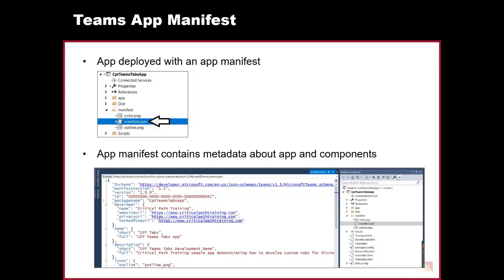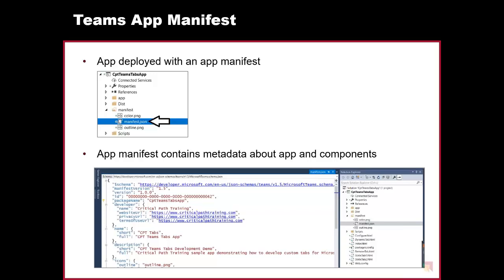Okay. Now, one very important concept is that when we have a Teams app, we have to build a package, and that package has to contain a manifest, which is named manifest.json. Whether you're using Visual Studio or Visual Studio Code, your project gives you the ability to manage and edit the manifest, but the tricky part is that you have to compress it into a zip archive so that you can actually upload it.